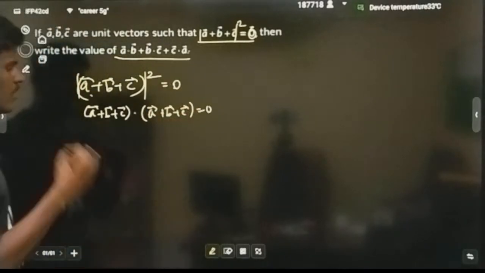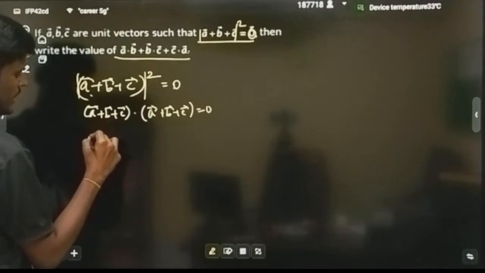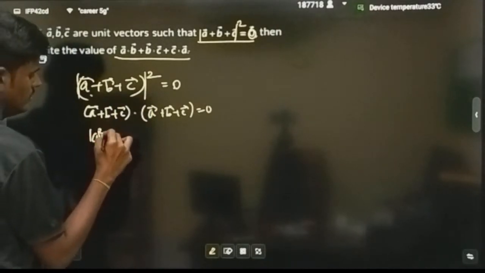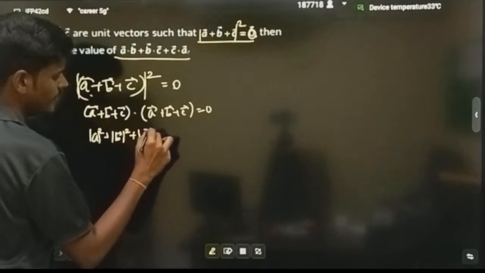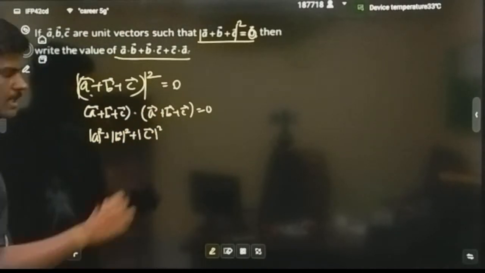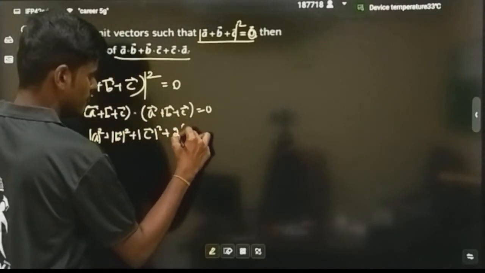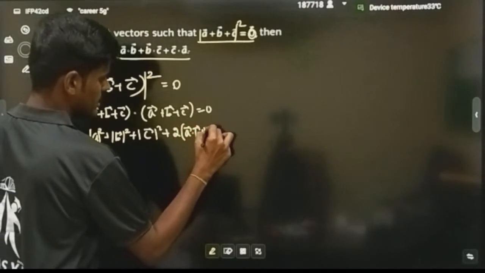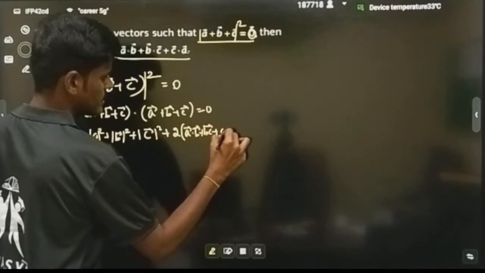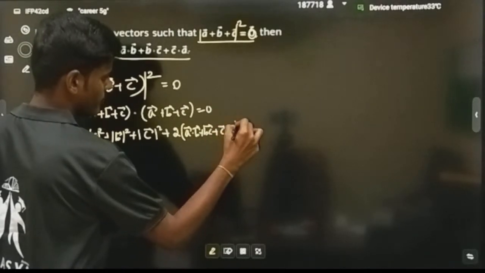Equal to 0. Now what is this formula? Mod A whole square plus mod B vector whole square plus mod C vector whole square plus 2 times (A dot B plus B dot C plus C dot A).